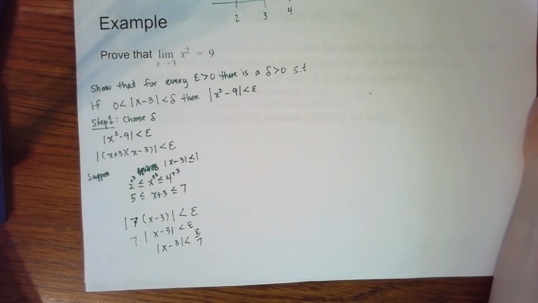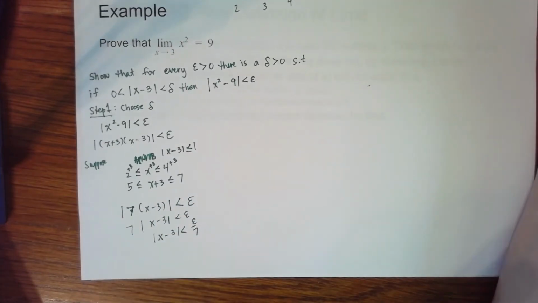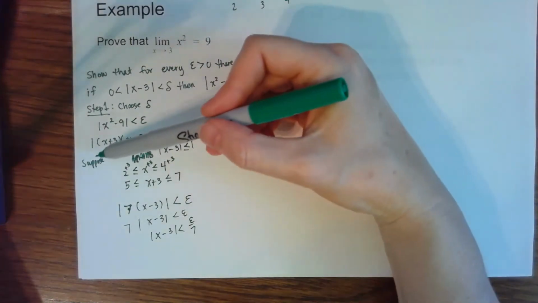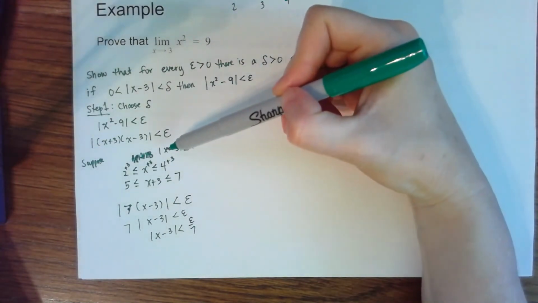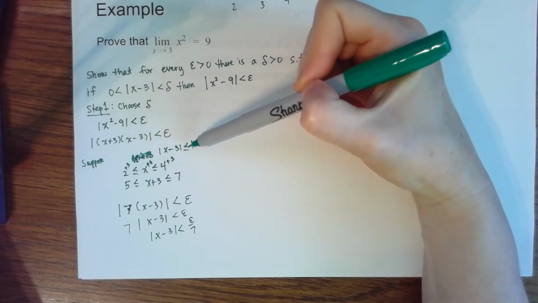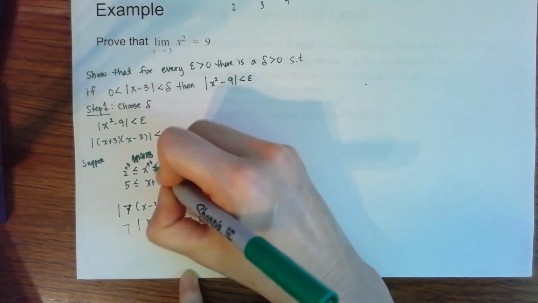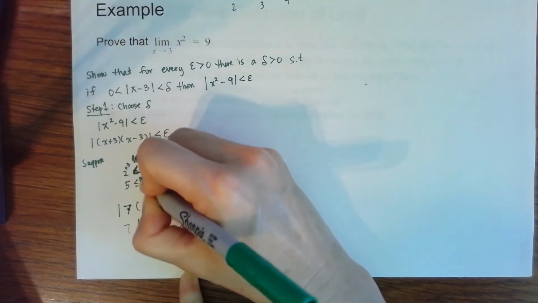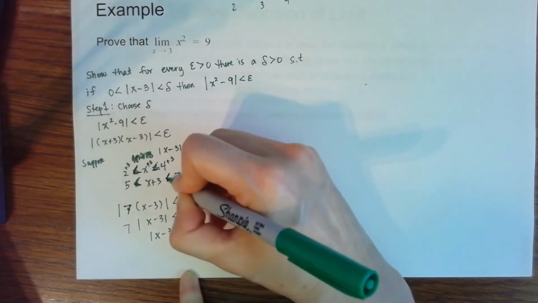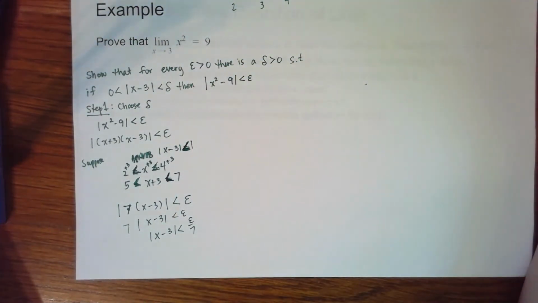Okay. Now, the tricky thing about this is I've sort of put two conditions on. I assumed here that the absolute value of x minus 3 had to be less than 1; I should have just put a less than, not an equal to. I don't want an equal in there. So I have two things.